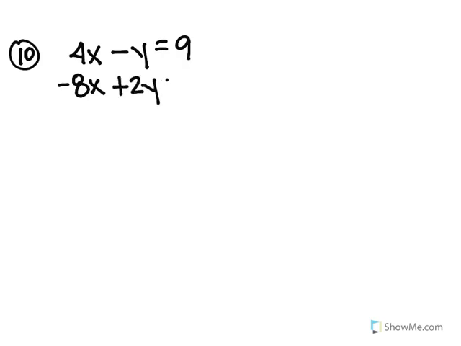Last problem, example 10. 4x minus y equals 9, and negative 8x plus 2y equals negative 18. So if I want to eliminate, I have kind of the same situation as the previous problem. 4 and 8 and 1 to 2.